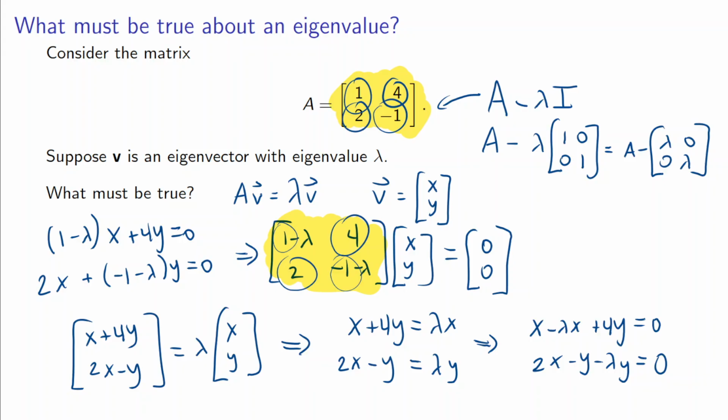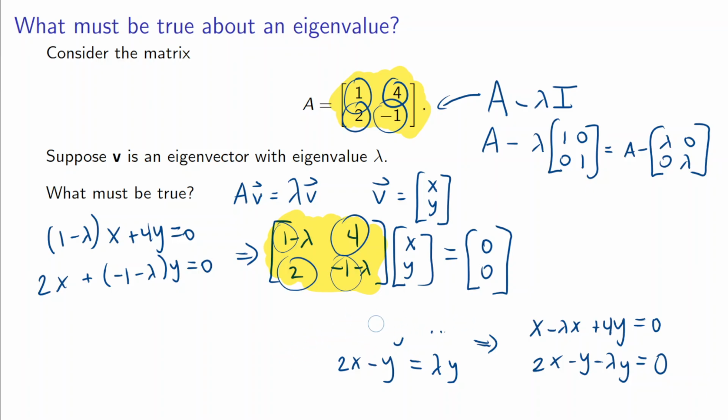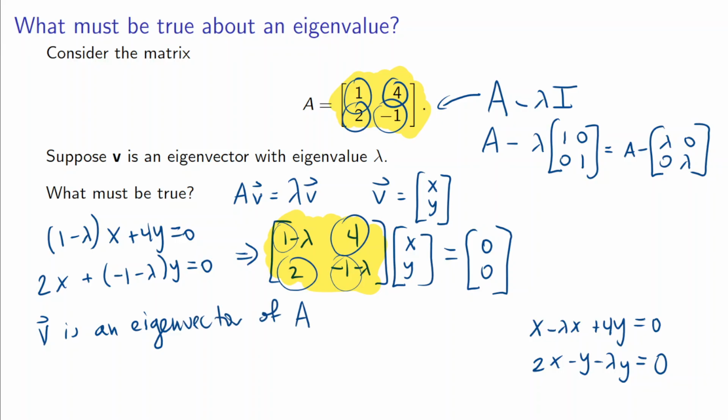And so v would be an eigenvector of A if it is a solution to this particular equation, which is a homogeneous equation. What we're discovering here is that if v is an eigenvector of A, then A minus lambda I times v would be 0.